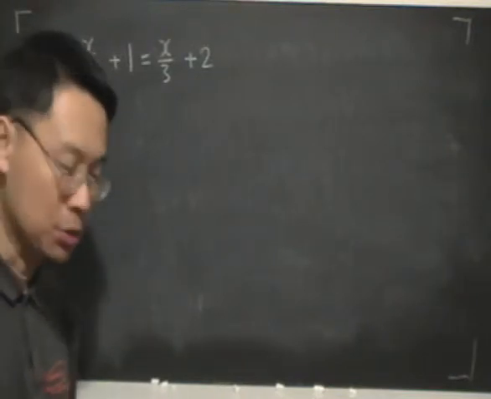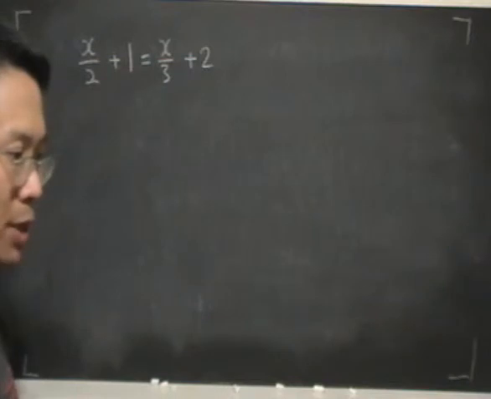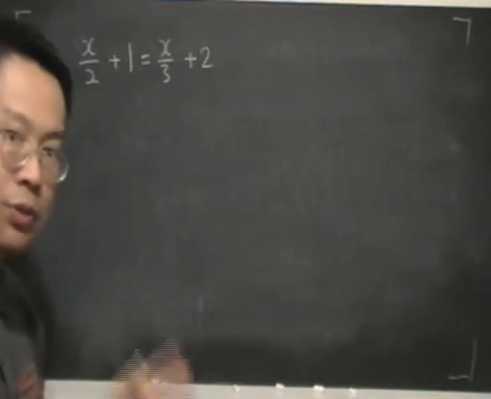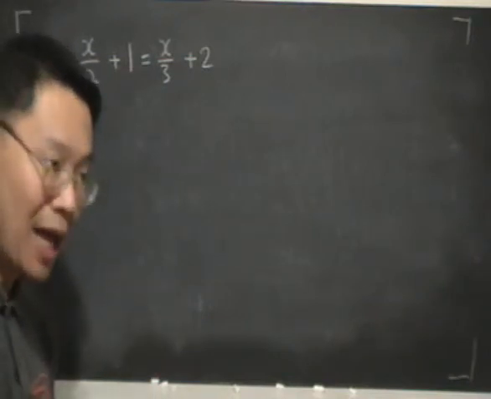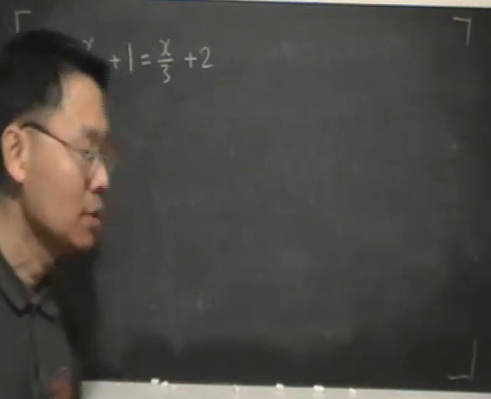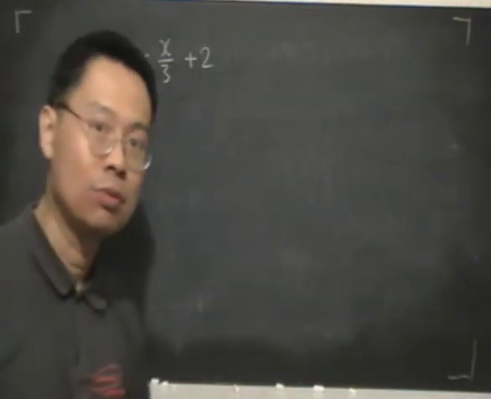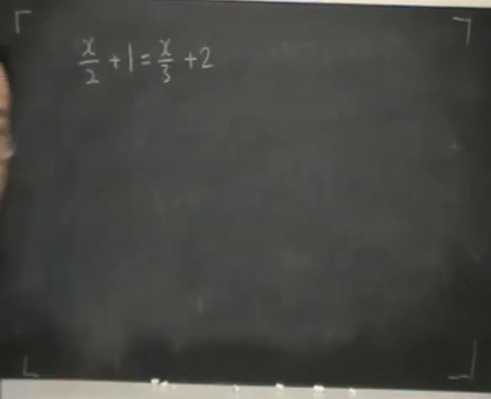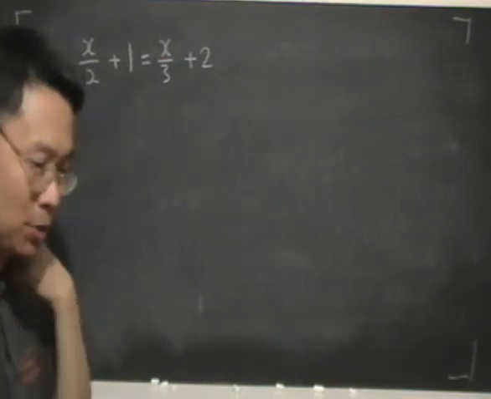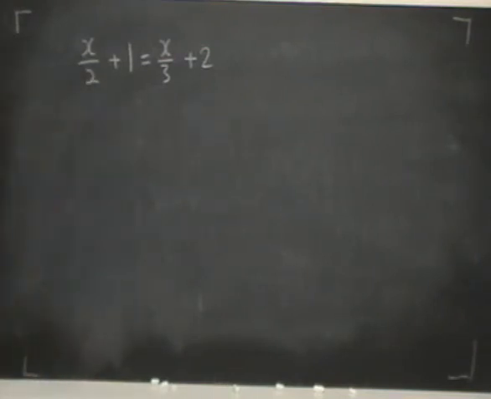So this is what we are going to do. We are going to multiply both sides by 2 and by 3. And then we'll get rid of both the 2 and the 3 at the bottom. So let's try that.